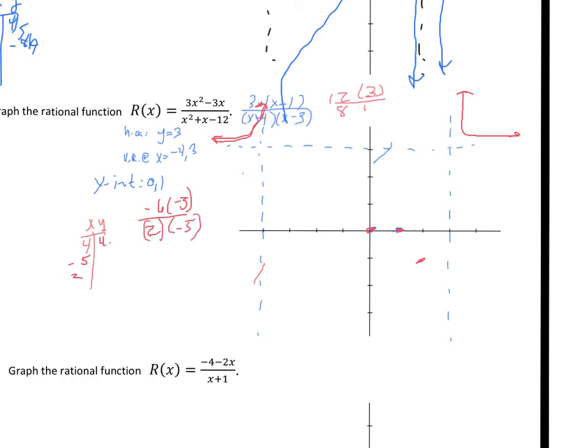So we get 18 over -10. So that's -1 and some change. 1.8? Thank you. Okay, so this one is going to come up here somewhere and then come back down, look like that.